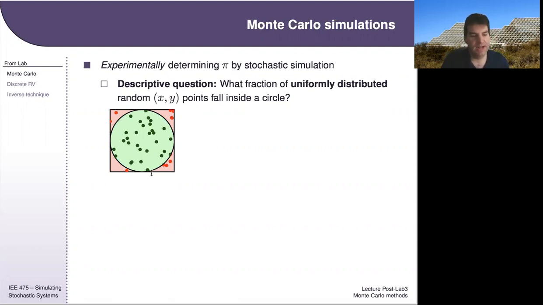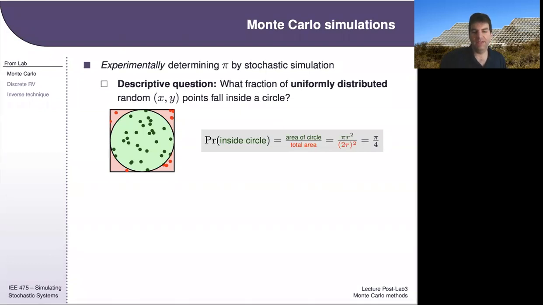The basic motivation comes from this idea that if you had a square and you inscribed a circle in it, then we have to ask, what's the fraction of the points that fall within the circle if they're just dropped on the square? If you think about that, the probability that they land in the circle is just the area of the circle divided by the area of the square.